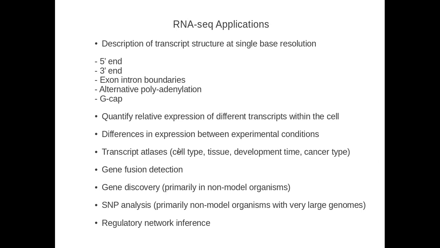This is just generating catalogs of transcript abundance and presence or absence of individual splice variants. Gene fusion detection is important in cancer research, where we know that transposable element movements and major structural variants happen because of spontaneous mutation, and we can detect novel gene products that are expressed in cancer tissues, and that's led to many important discoveries in gene regulation in cancer.